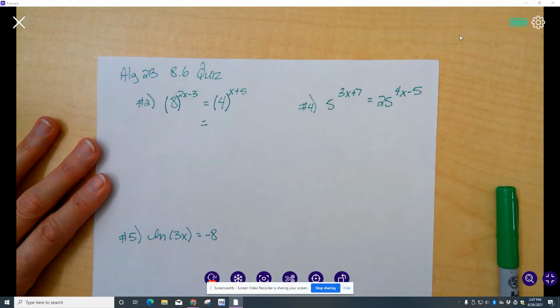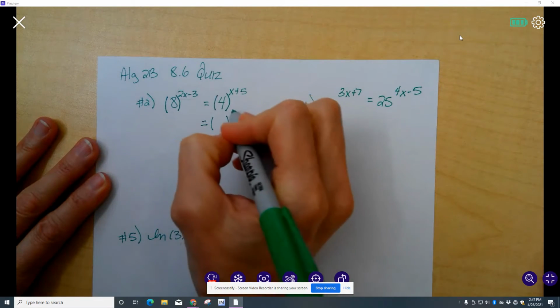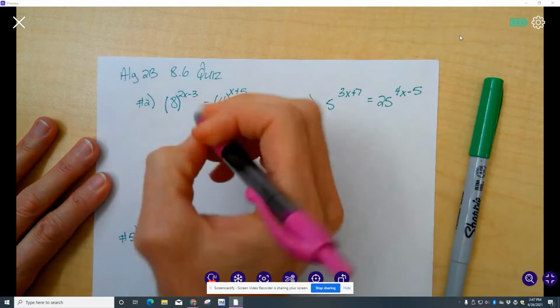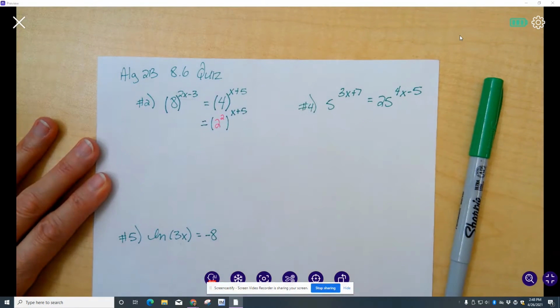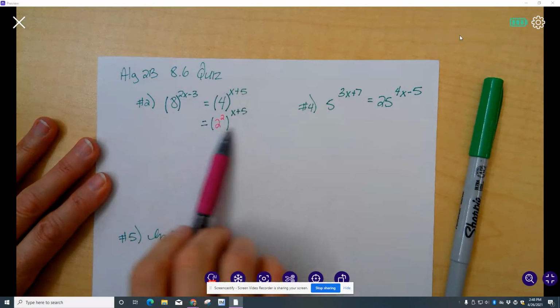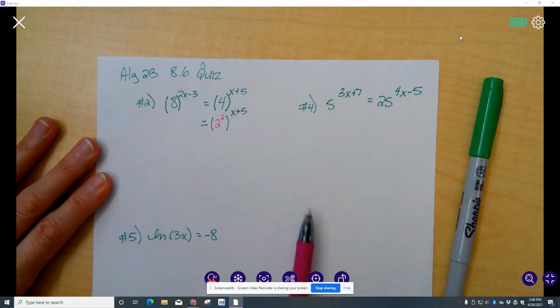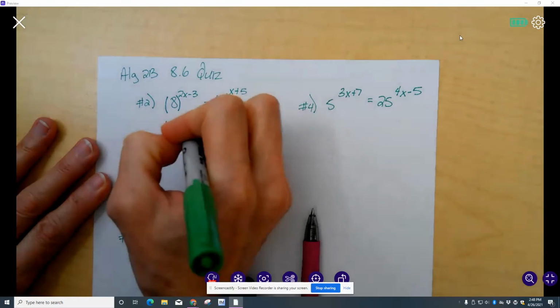I'll actually use a different color here. So I'm just going to replace the 4. I'm going to keep everything else. And I'm going to write 4 as 2 to the second power, because 2 to the second power is the same as 4. So this is completely equivalent. I've just written it in a different form, but the other form will allow me to solve this problem.